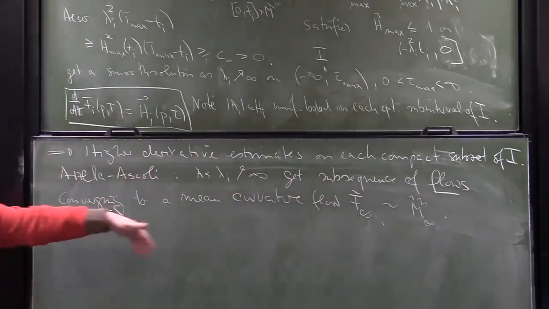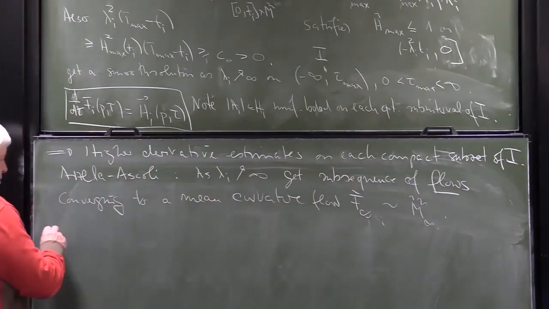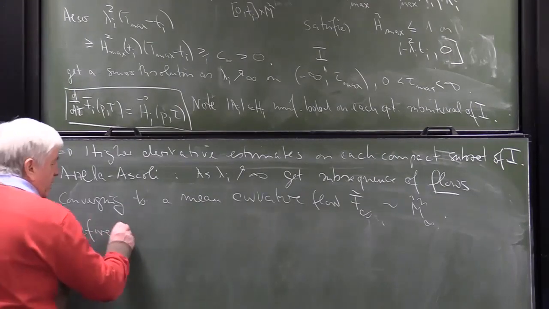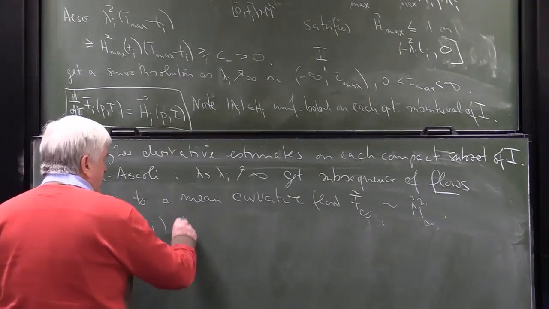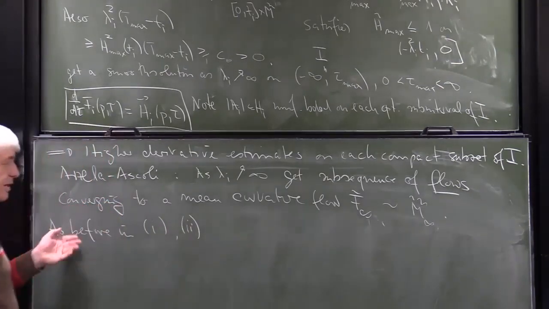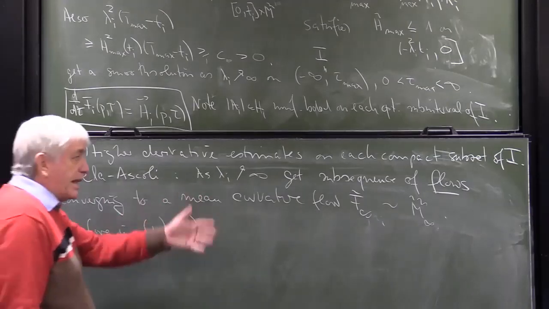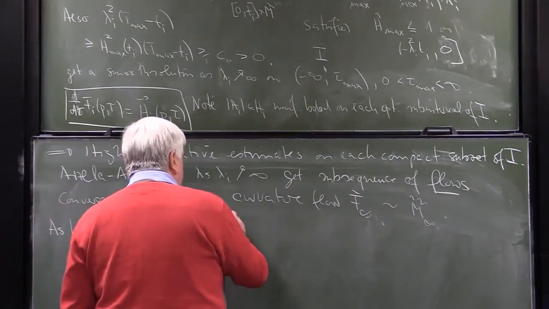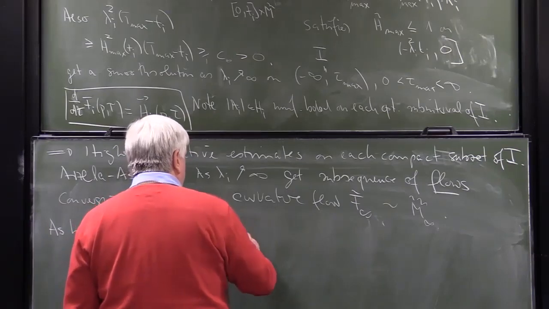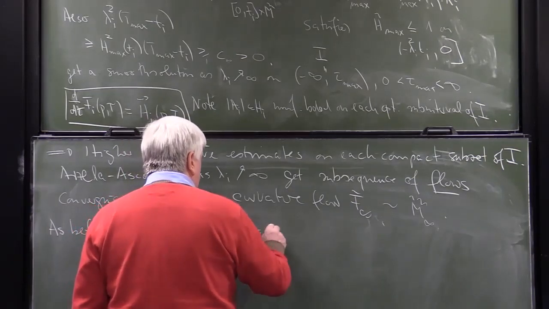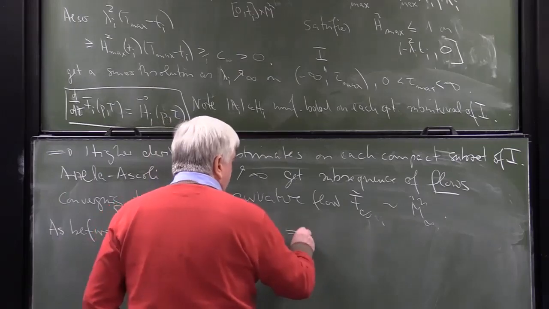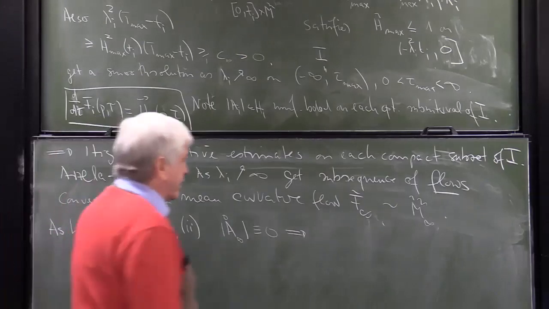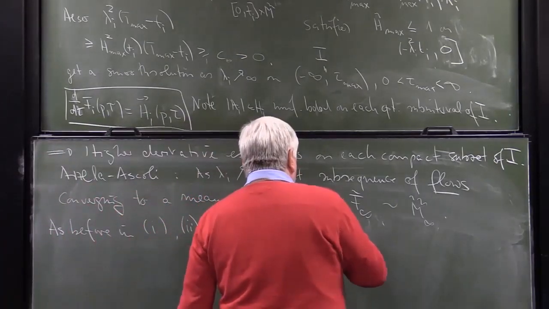And now, as we've seen before, in 1 and 2, the trace-free part of the second fundamental form must again be 0 on these because of our pinching estimate. So A0 infinity is identically 0. So this must be a flow of concentric spheres shrinking.